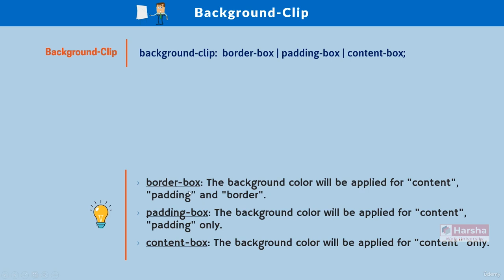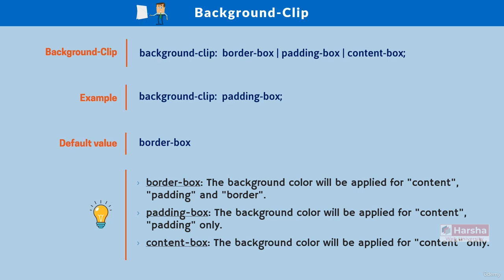In case you set background-clip as border-box, your background color or background image will be applied for content, padding, and border, excluding only margin. Here there is no possibility for applying the background color for margin. Sorry, the default value of background-clip is border box, but not padding box.